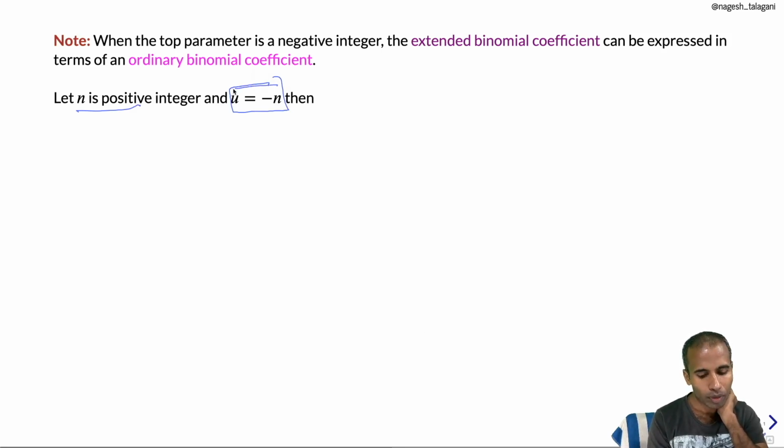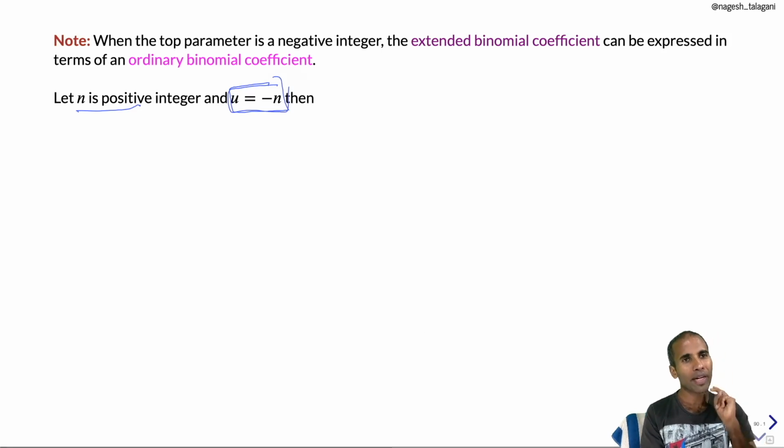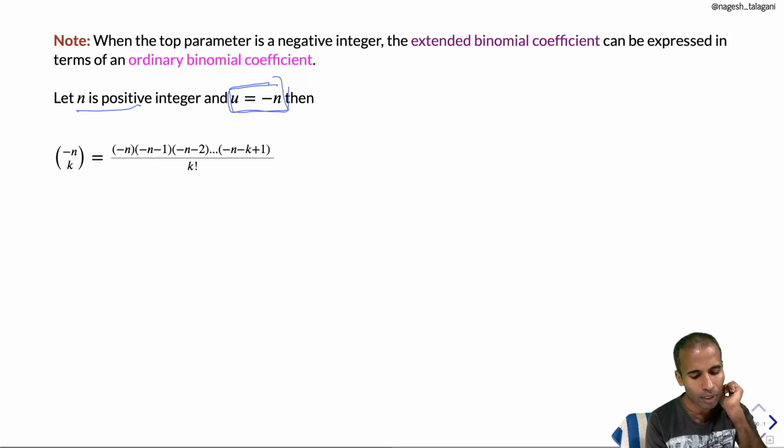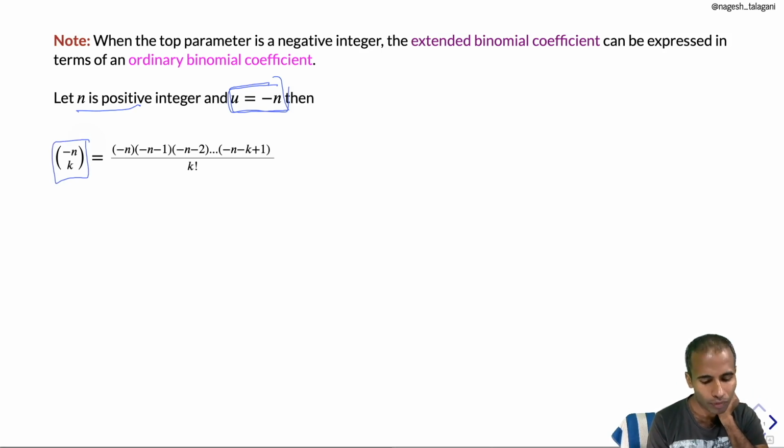So if you take u equal to minus n where n is a positive integer, then if you look at extended binomial coefficient minus n choose k, according to the definition, we write u into u minus 1, u minus 2, and so on, u minus k plus 1, by k factorial, right? Just replace u with minus n here, it looks like this.